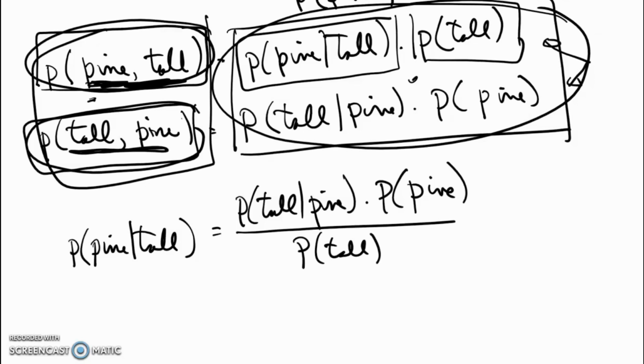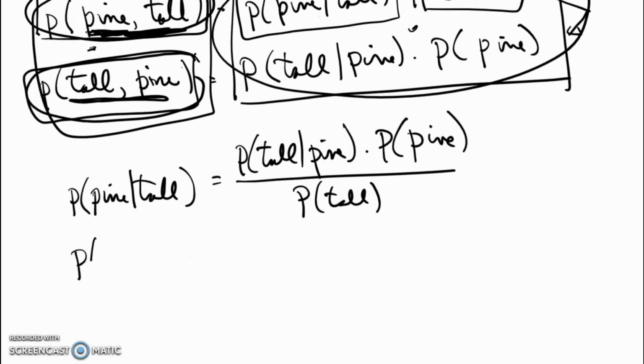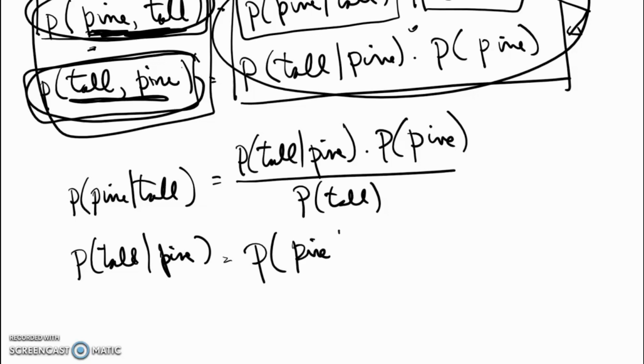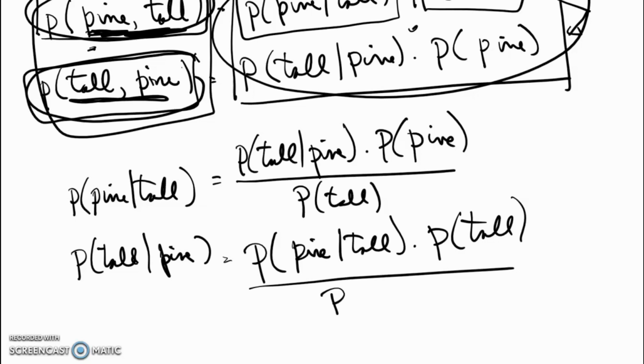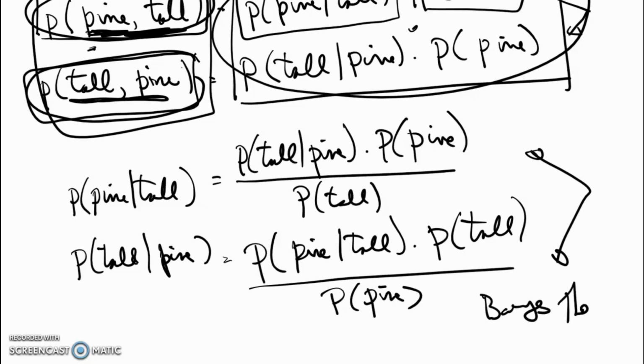Or, look at it another way, the conditional probability that it's tall, given that it's pine, is going to be equal to the conditional probability that it's pine, given that it's tall, multiplied by the marginal probability that it's tall, and divided by the marginal probability that it's a pine. And the reason these two things are important is that these two things are Bayes' theorem.